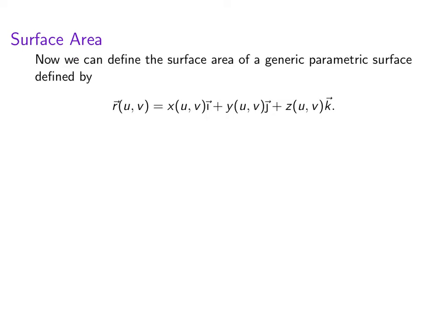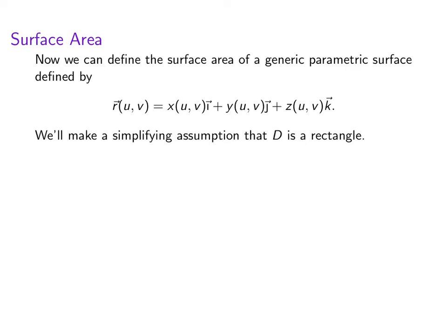All right, let's now define the surface area of a generic parametric surface defined by this vector equation. Let's make a simplifying assumption that the region that we're integrating over is a rectangle. And of course, we have ways of fixing things up when it's not a rectangle. For instance, when we had type 1 or type 2 regions.